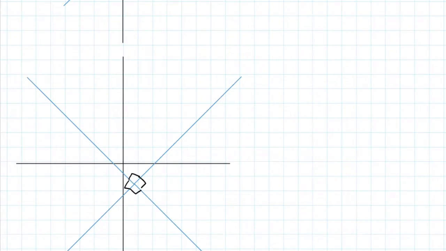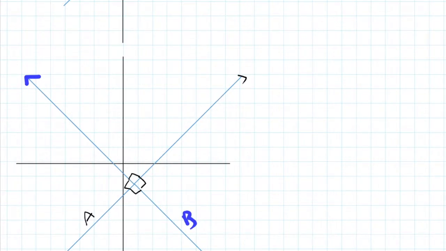So we'll say that this line over here with my black arrows is line A, and this line over here with the blue arrows is line B, right? Let's say we have these two different lines, and we know that both of these lines are perpendicular as they intersect at a 90-degree angle.